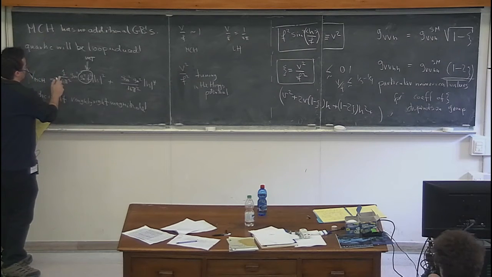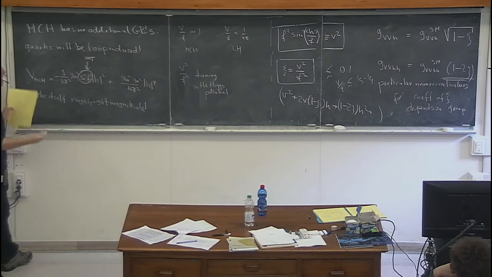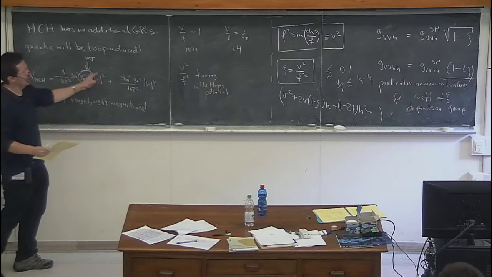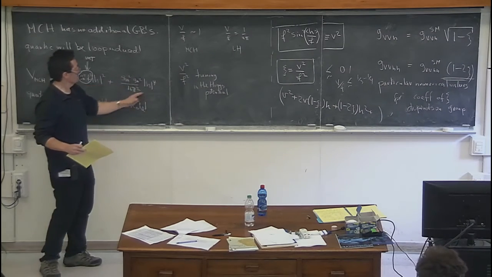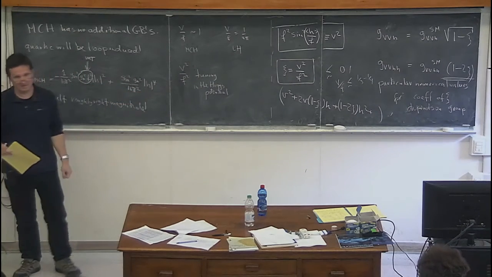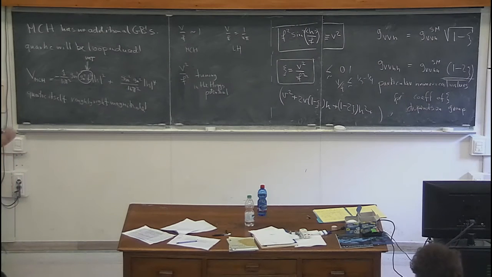So collective symmetry breaking is already included here, and yet you need a little more additional cancellation just because you don't have the right size of the quartic. But the problem is, if you had the right size of the quartic, then the Higgs mass would be heavier.